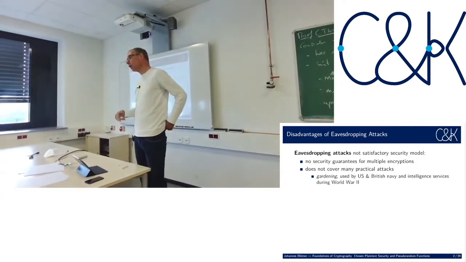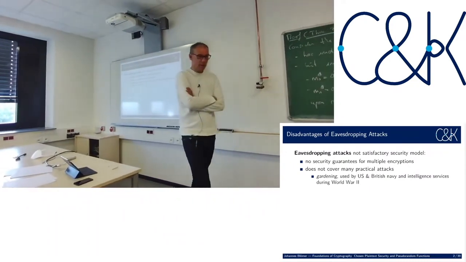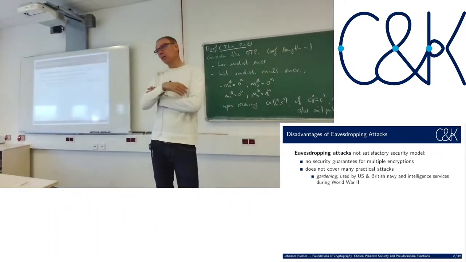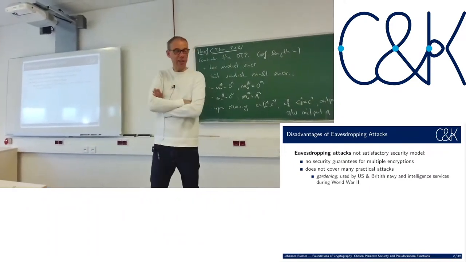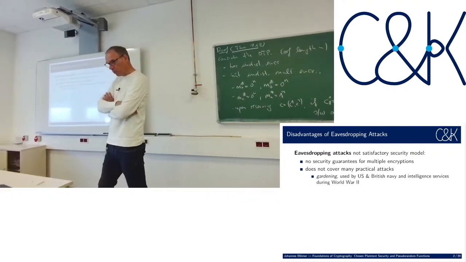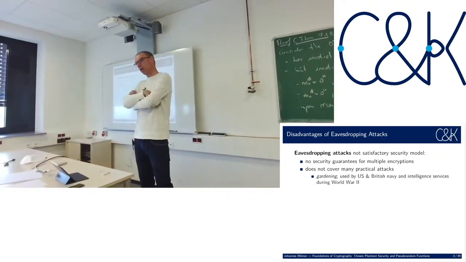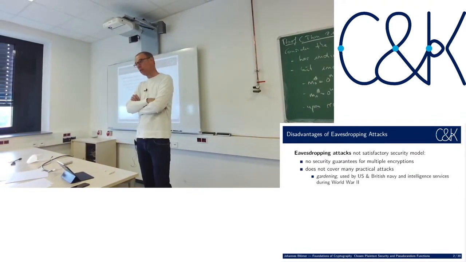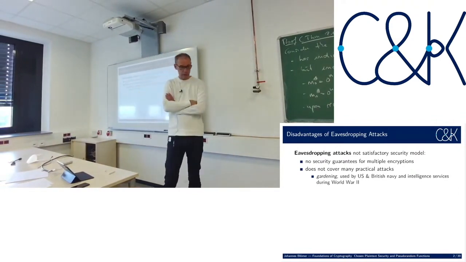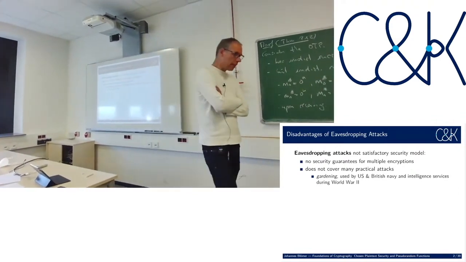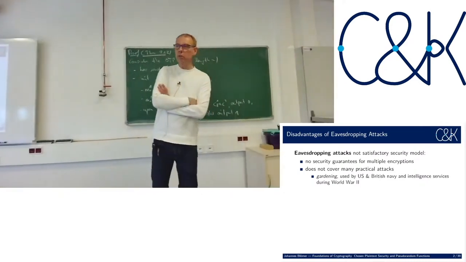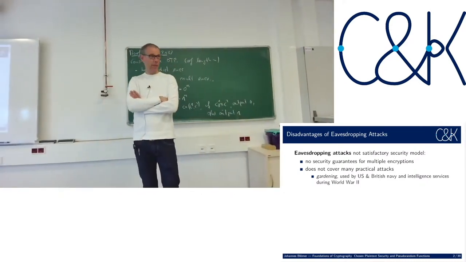Gardening, so the Enigma encryption scheme actually was a machine that they used. Depending on which part of the Navy or intelligence service you were talking about in the German Reich, they used a different key every day.